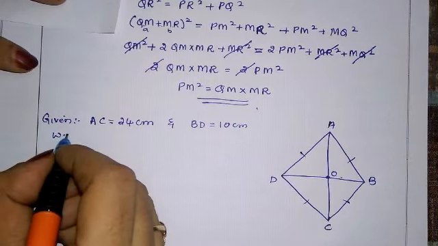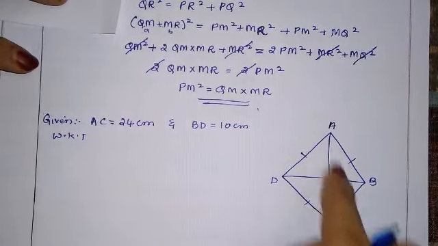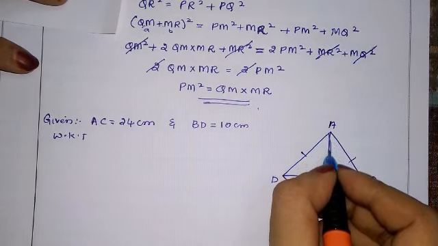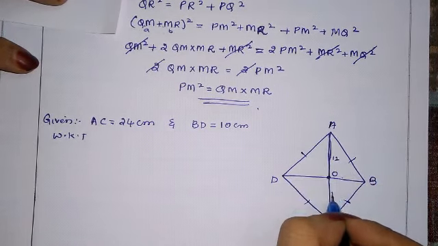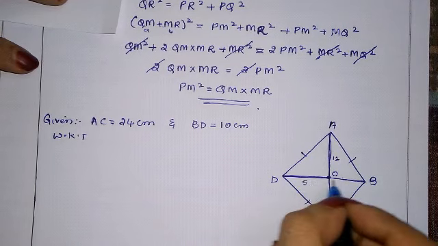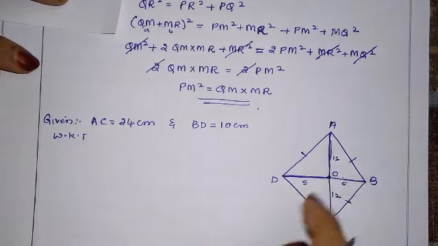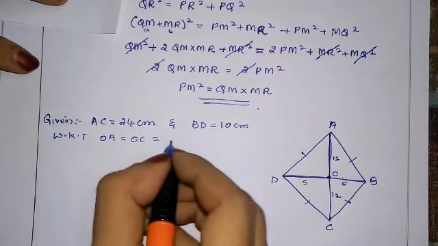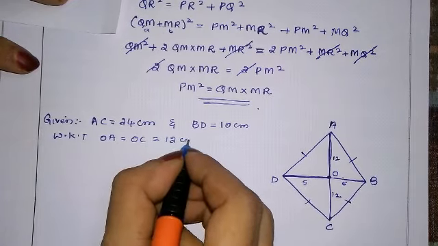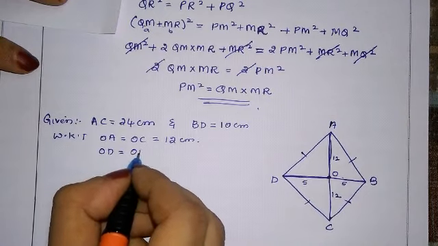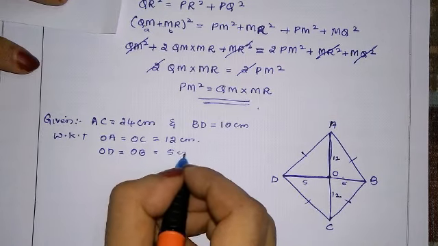If AC is 24, half part is 12, so this will be 12, this will be 12. If BD is 10 in full, then this will be 5 and this will be 5. We write OA is equal to OC is equal to 12 centimeter, and OD is equal to OB is equal to 5 centimeter.